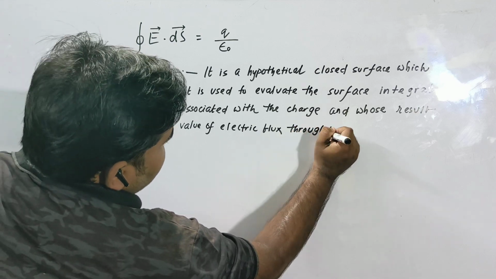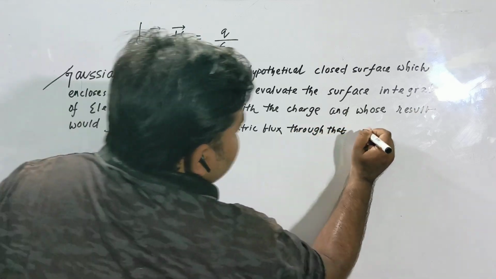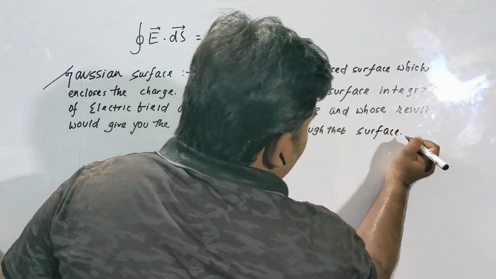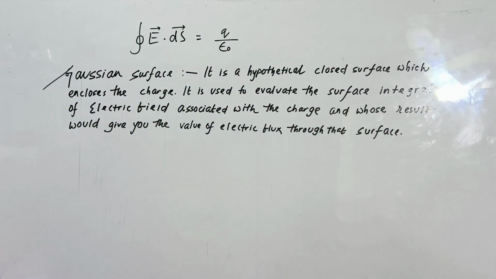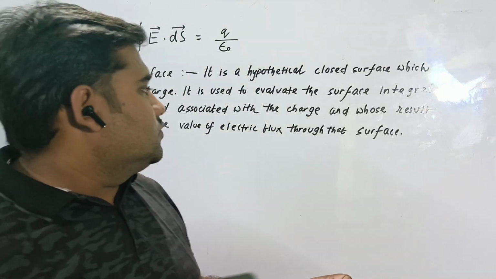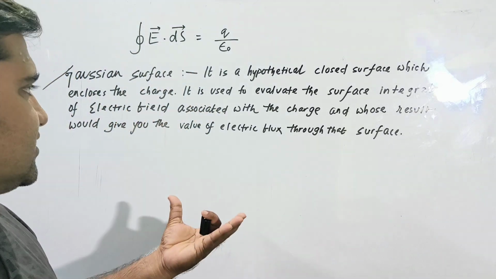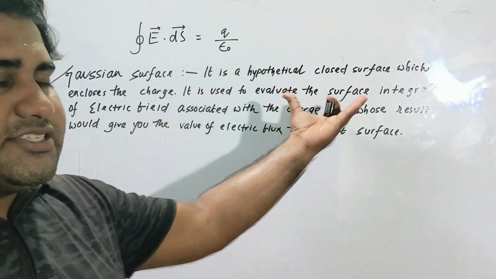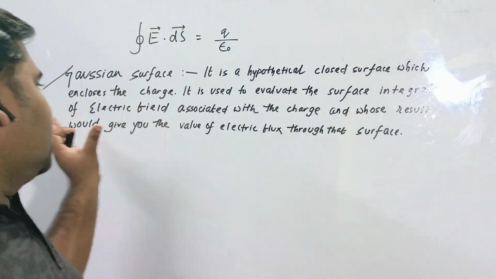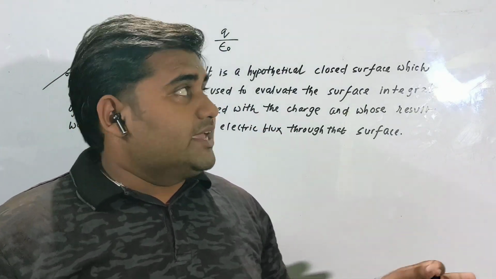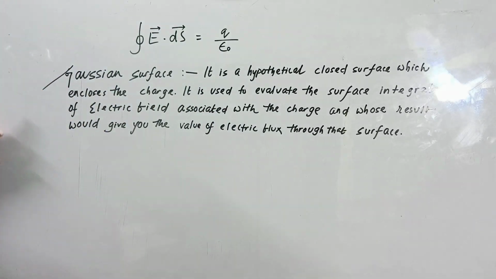So you need to imagine such a surface through which some flux is going through, and you need to calculate that electric flux. For this electric flux, we need to evaluate the surface integral of electric field associated with that charge under consideration. Okay, this is your Gaussian surface.